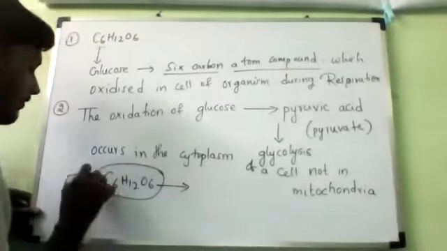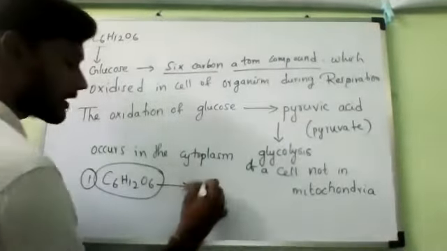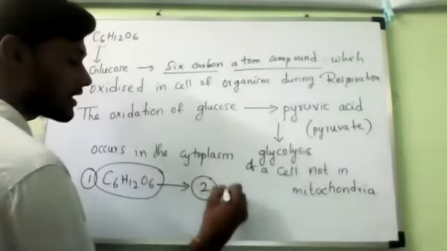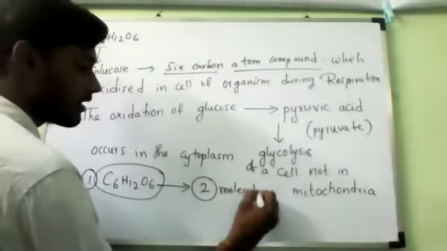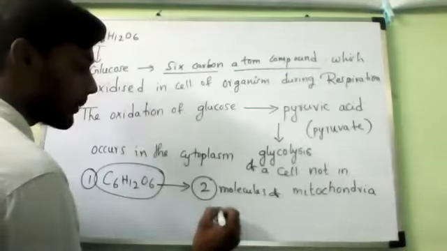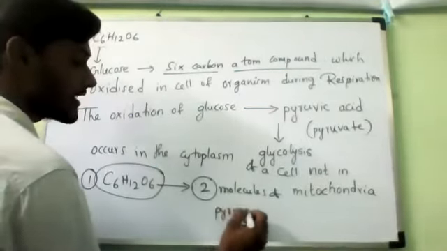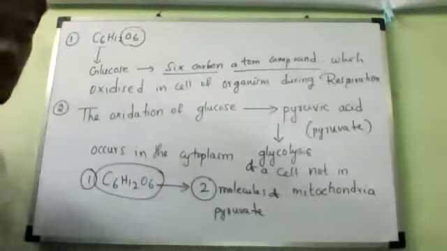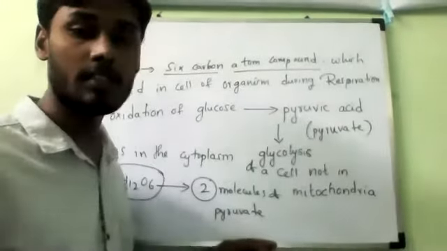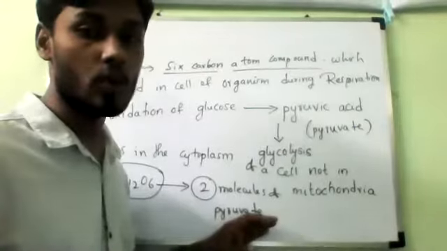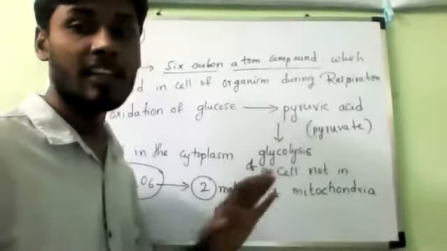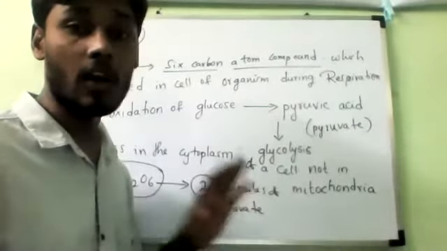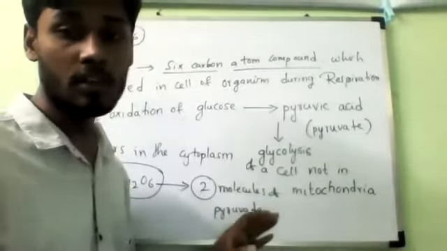One molecule of glucose can produce two molecules of pyruvic acid. And oxygen is also present in it already. So in this process, the pyruvic acid does not require any kind of oxygen. That is what you should remember.